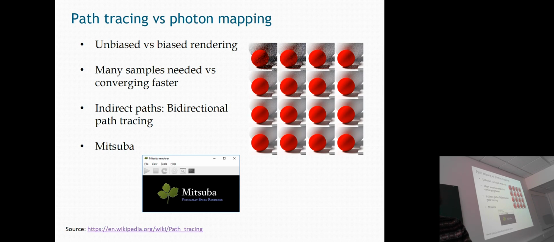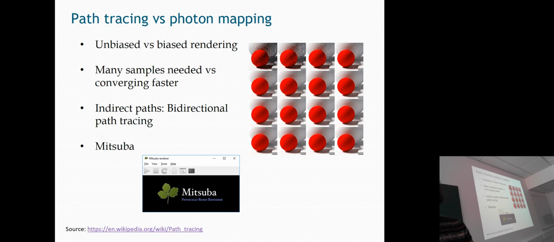The first thing that is usually mentioned in the literature is that path tracing is unbiased, so the only error you get is statistical variance, and after having many samples you more or less converge to the true values.